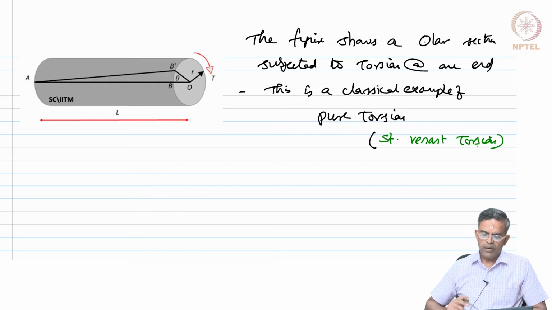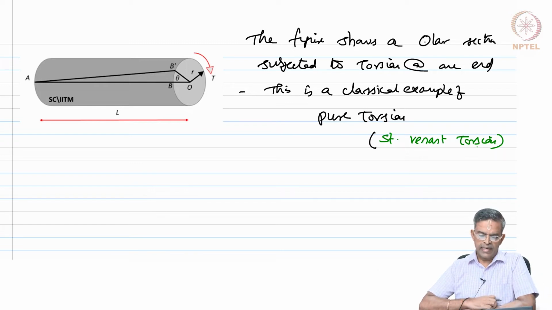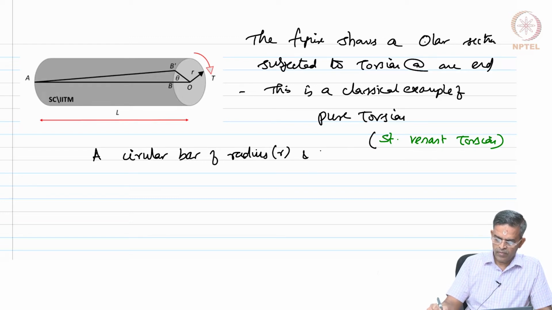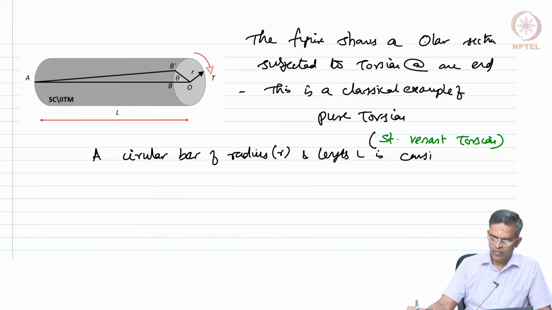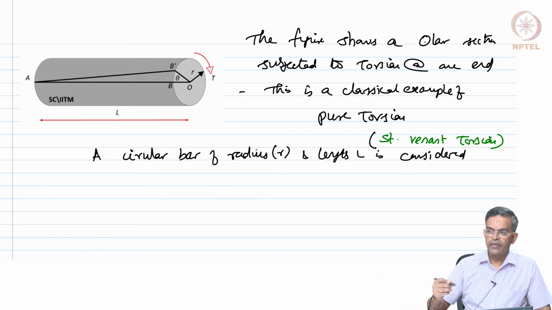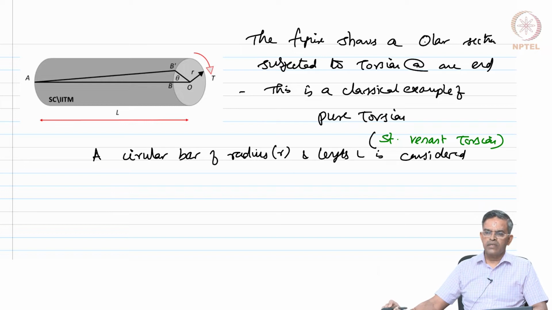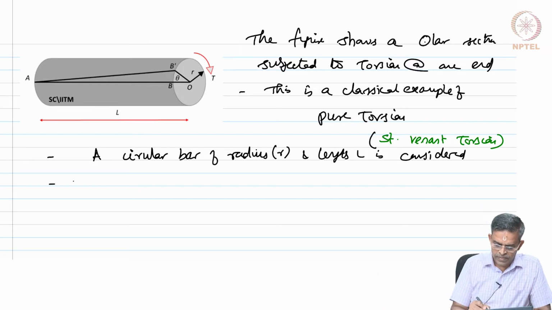A circular bar of radius r and length L is considered. This bar is subjected to pure torsion at one of its ends.